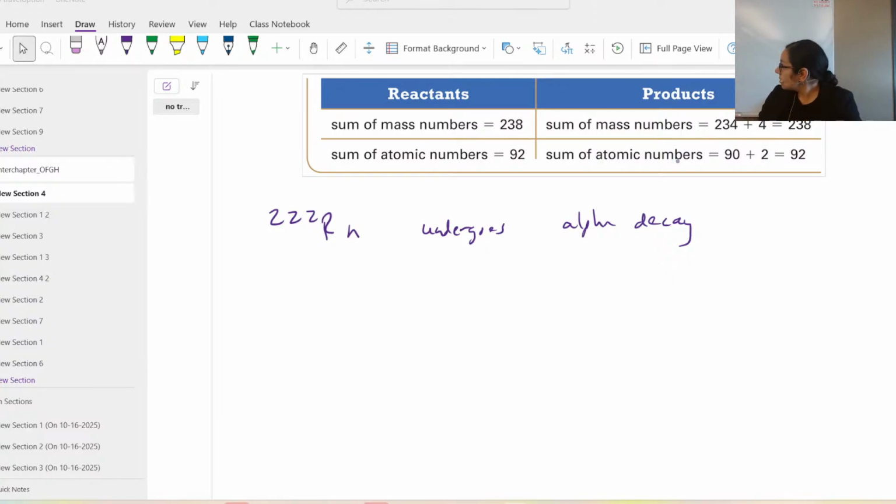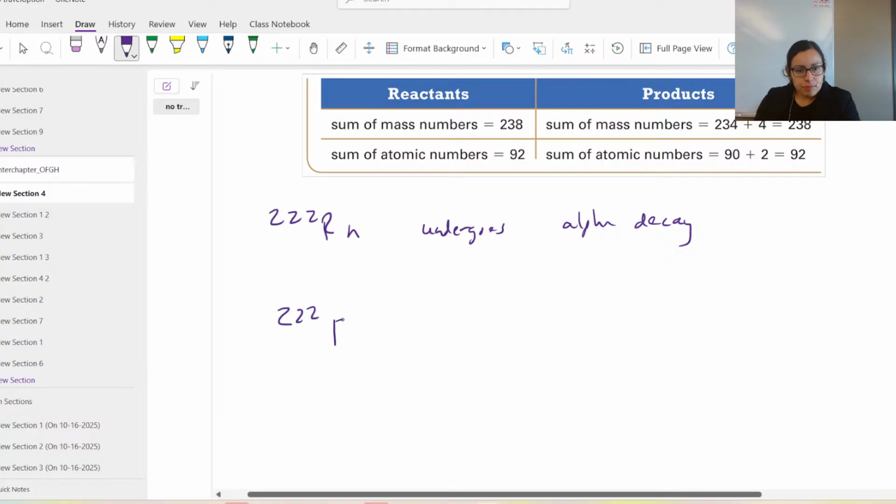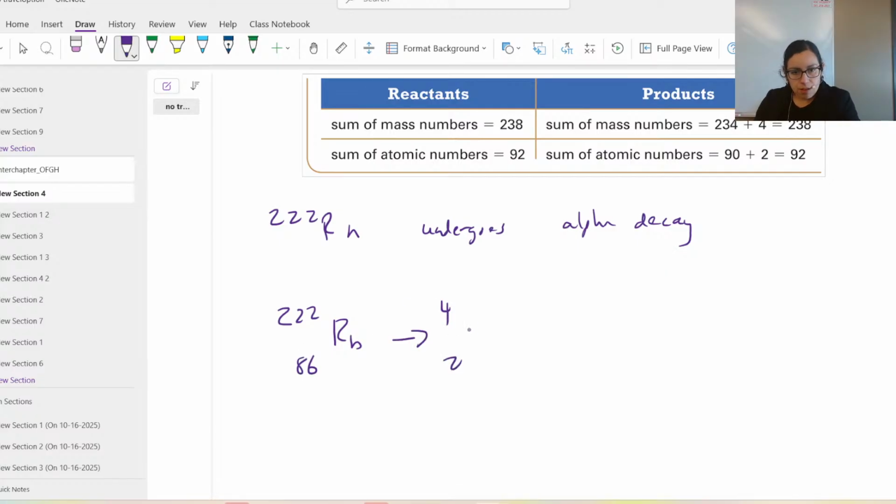On an exam, I would tell you if there were more equivalents of alpha decay, by the way, like, oh, it produces 2 or 3 equivalents. And so in this case, it's just 1. So then writing out our equation. So then what's our daughter isotope?